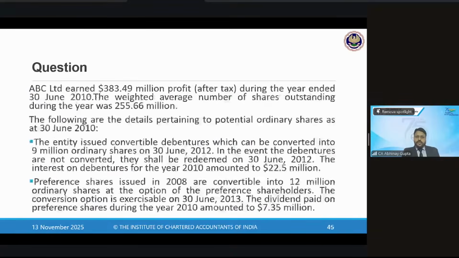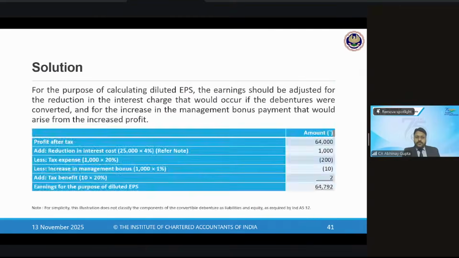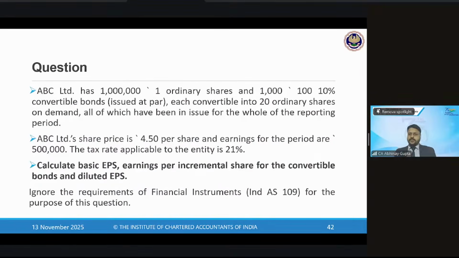Okay, let's do one more numerical. I know unless and until we do a good number of numericals, we will not be getting it right. So let's do this one. ABC Limited has 10 lakh ordinary shares of rupees 1 each and 1000 rupees 100, 10% convertible bonds issued at par.